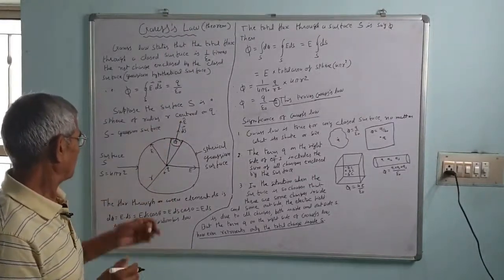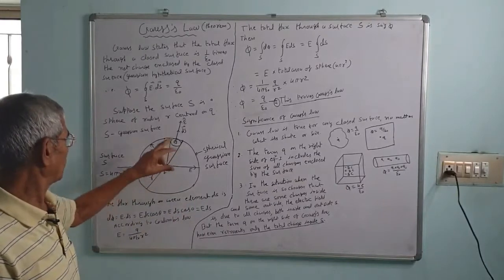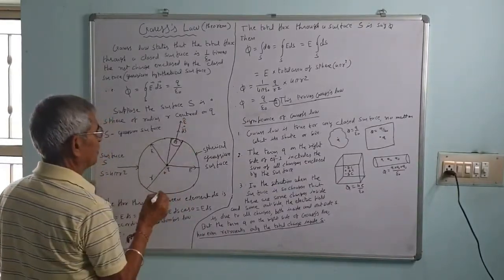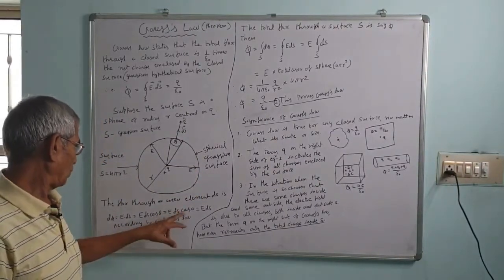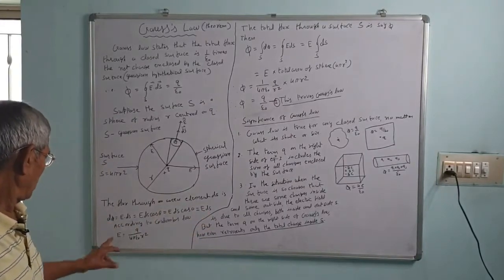This is a unit vector you can take also. So ds cos theta, ds cos 0: the angle between E and ds is 0, since E and ds are both along the same direction. Cos 0 is 1, so flux d phi is equal to E ds.